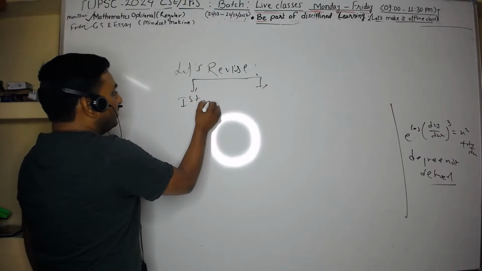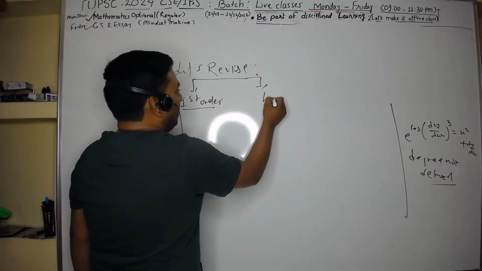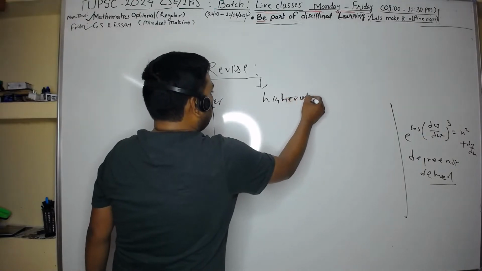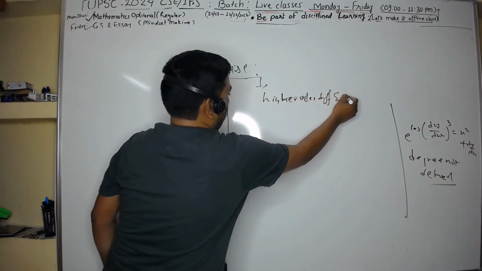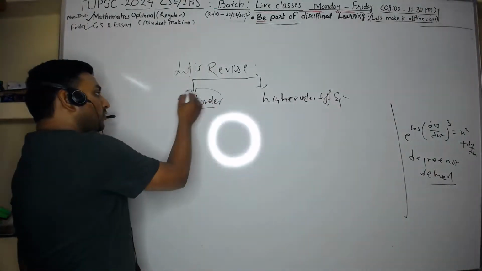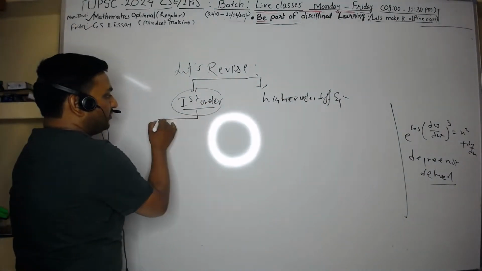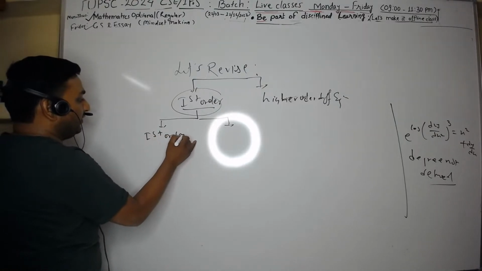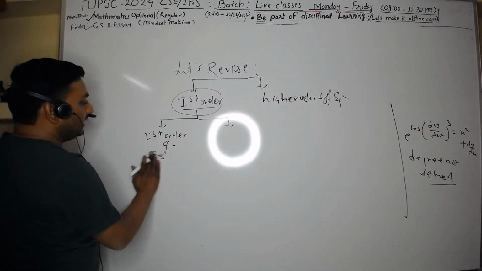Number one is first order differential equation, the other is higher order differential equation. Right? To solve first order differential equation, we further classify these as first order and degree 1.